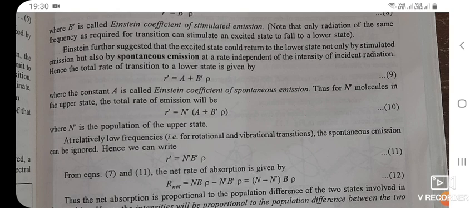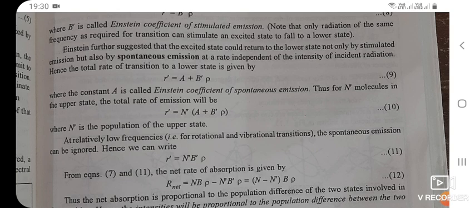Einstein further suggested that the excited state could return to the lower state not only by stimulated emission but also by spontaneous emission at a rate independent of the intensity of incident radiation. Hence, the total rate of transition to a lower state is given by R dash equals A plus B dash rho, where the constant A is called the Einstein coefficient of spontaneous emission.